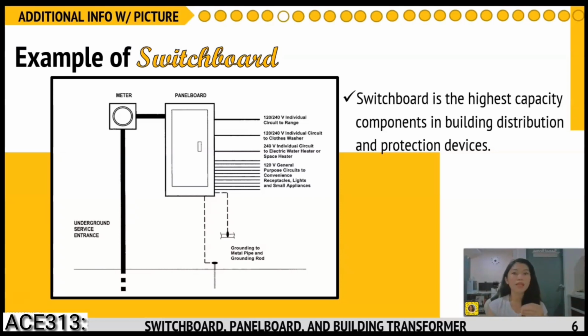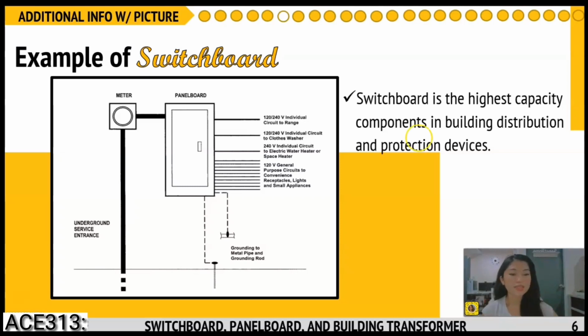So, hindi lang pala yung definition niya is to divide large current into smaller current. Siya rin pala yung highest capacity component in building. So, always remember this keyword of a switchboard, that it is the highest capacity component in the building distribution.